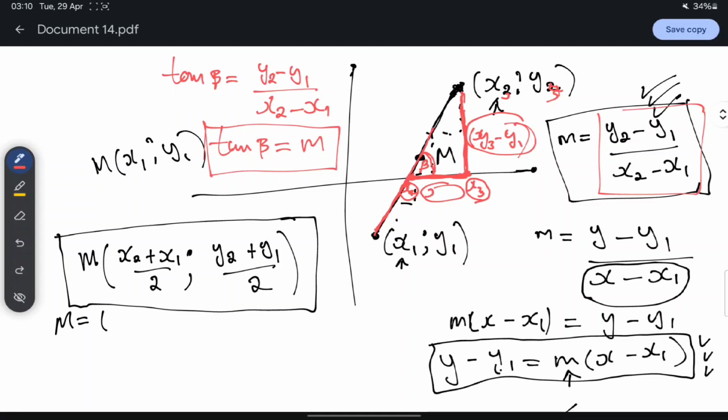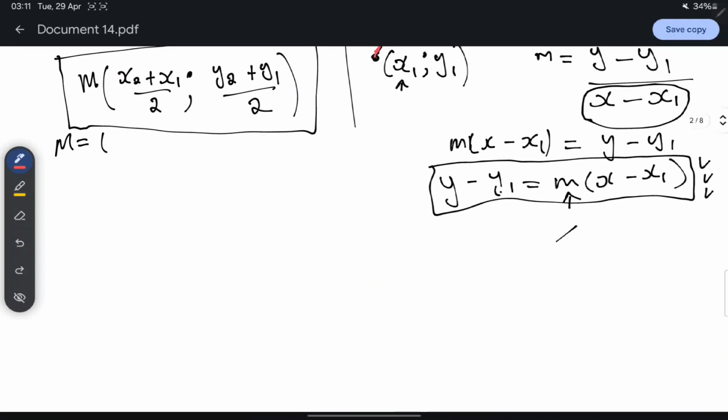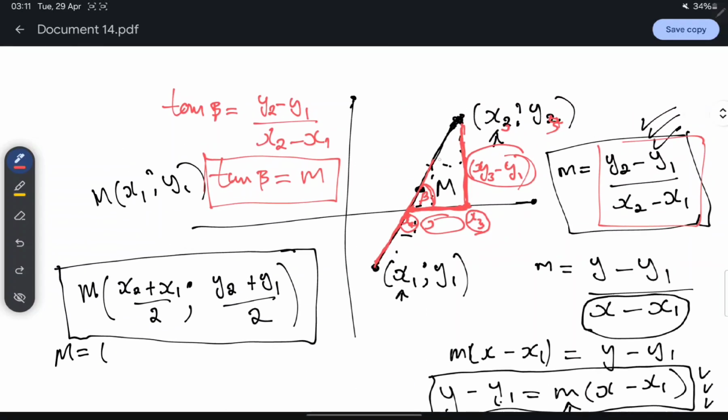All right. Then what are collinear points?